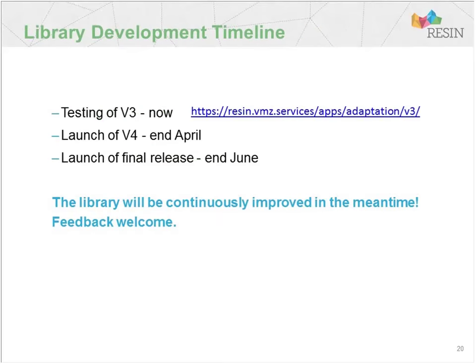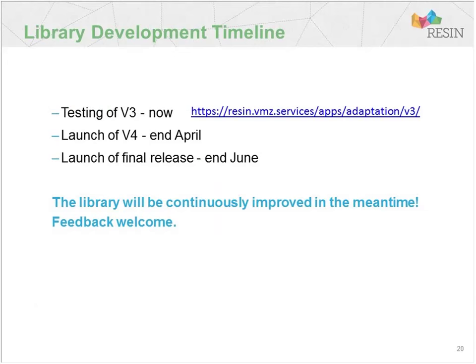Well, at which stage are we regarding the development of the library? We have now version 3, which has been circulated. And we are now preparing version 4, which aims to be ready by the end of April. And we want to have the final version by the end of June.